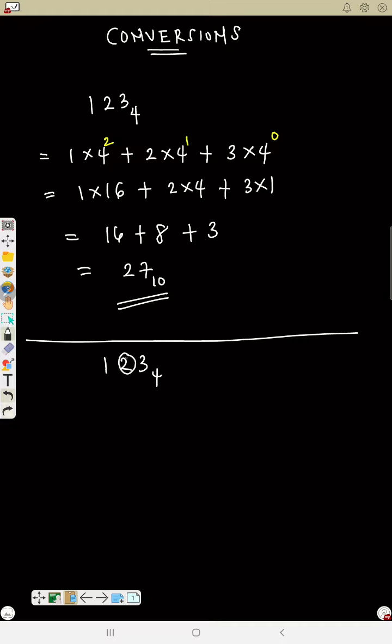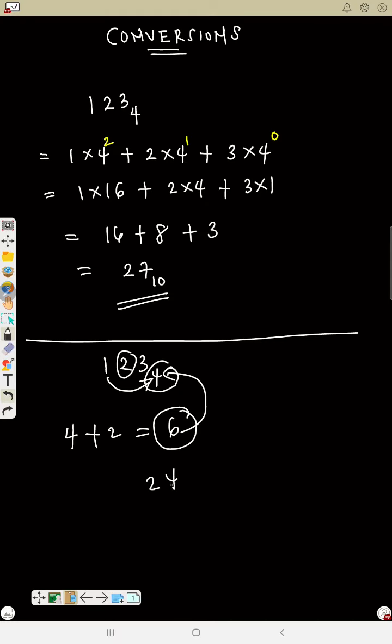Then plus the next number, that will be 6. So that's not the end. You continue until you do not have any number again before you stop. Okay, let's go. 1 times 4, 4. Plus the next number 2, that will be 6. Now that 6 you got, again times 4, that will be 24. Then plus the next number again, that will be plus 3, that is 27 base 10.